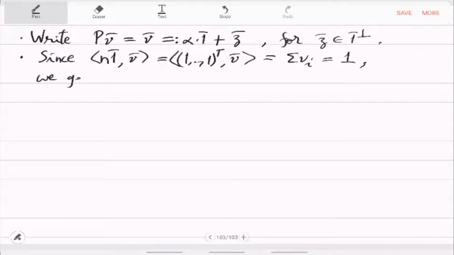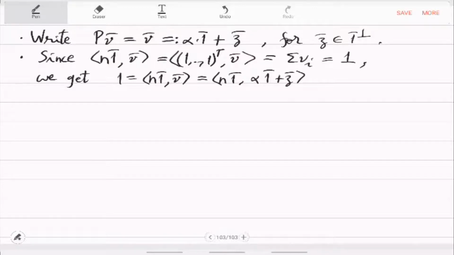So now let us write V bar as alpha 1 bar plus Z bar. Z bar is orthogonal to 1 bar, so that doesn't matter.